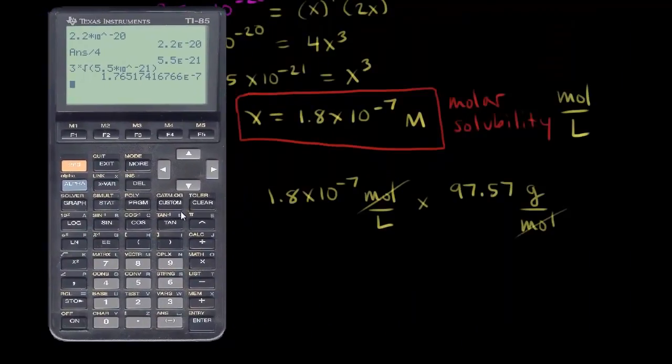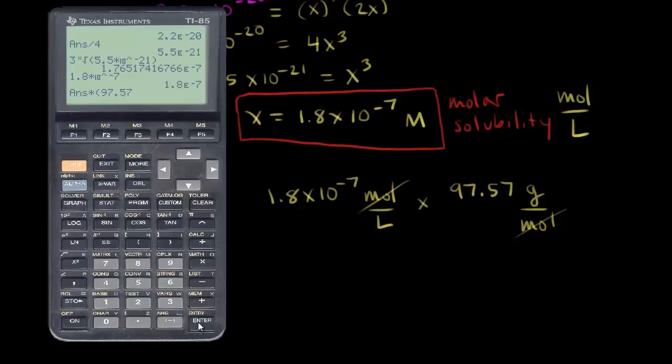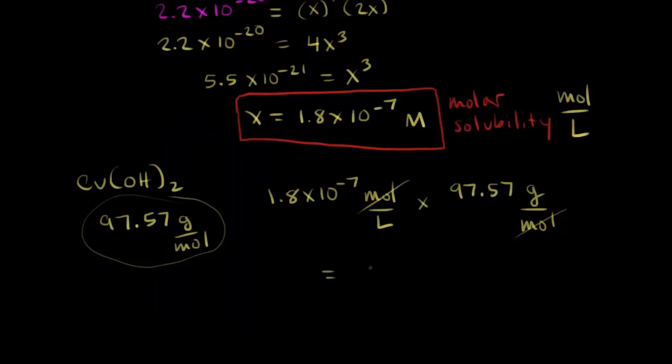So let's do that calculation. We rounded the molar solubility to 1.8 times 10 to the negative 7. To get to the solubility in grams per liter, we multiply that by 97.57, the molar mass of copper 2 hydroxide. If we round, we get 1.8 times 10 to the negative 5 grams over liters.